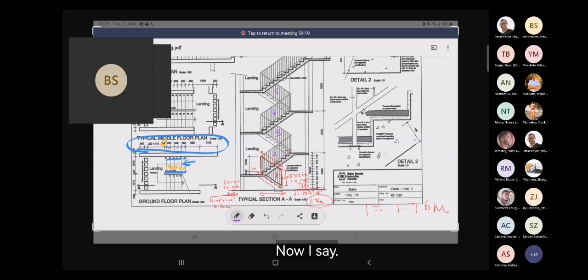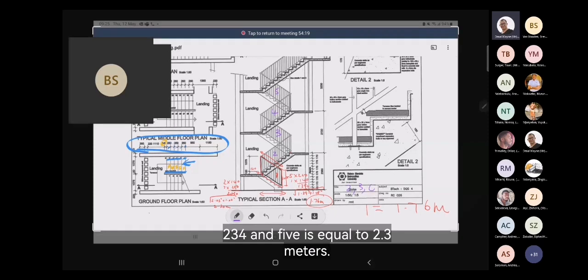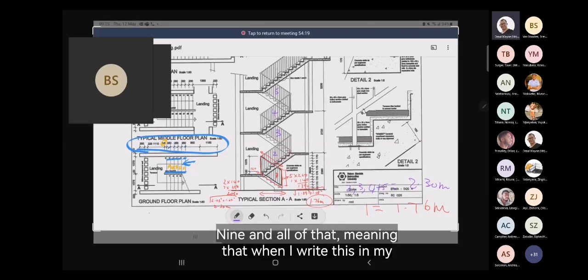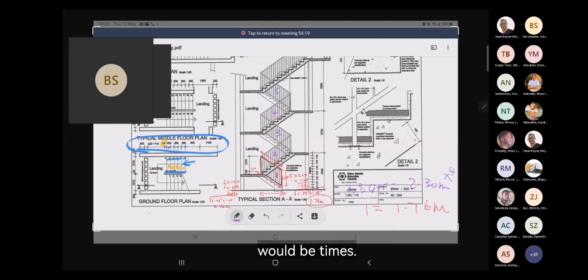Now I say 2, 3, 4, and 5 is equal to 2.3 meters. And all of that meaning that when I write this in my dimension column, I would say 2.3, that will be times 4. Happy with that? Okay.